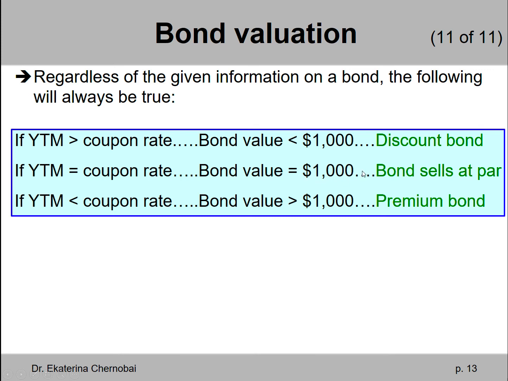These bonds are said to sell at par. And premium bonds are the ones that are worth more than $1,000. And that's always going to happen when the yield to maturity is less than the coupon rate. So this is a little rule that you could always keep in mind when you do the calculations.